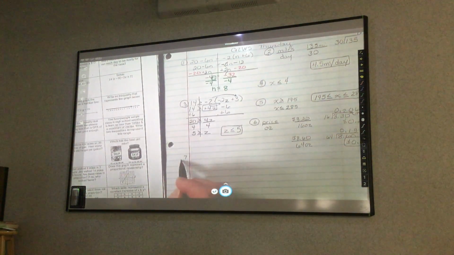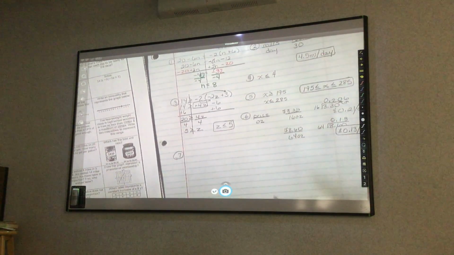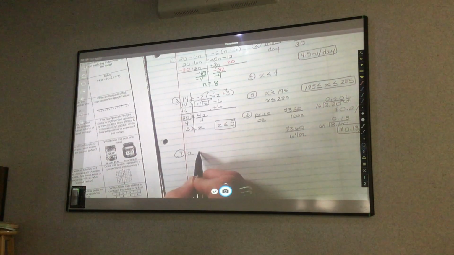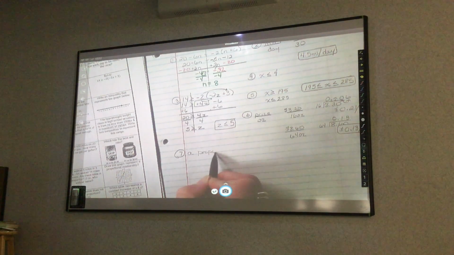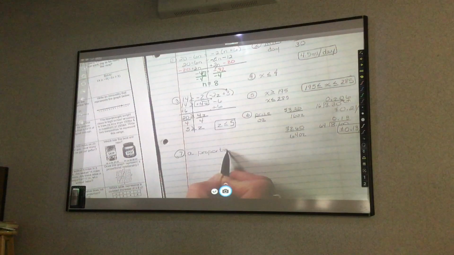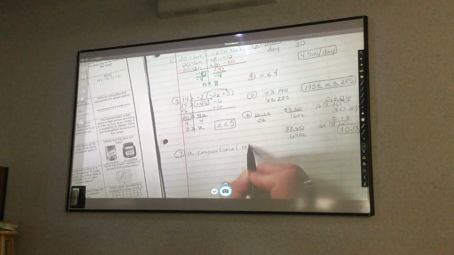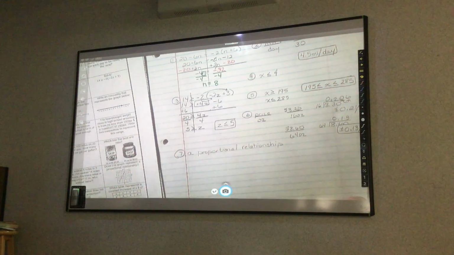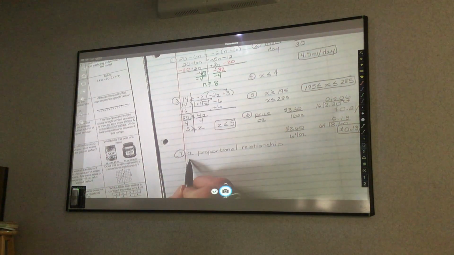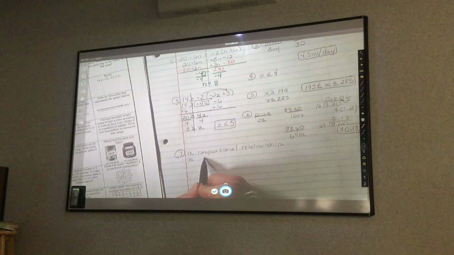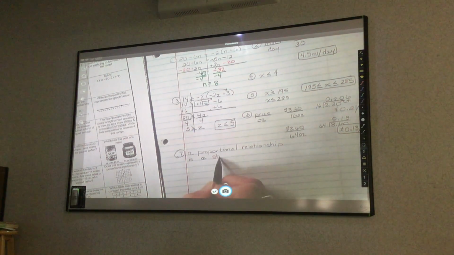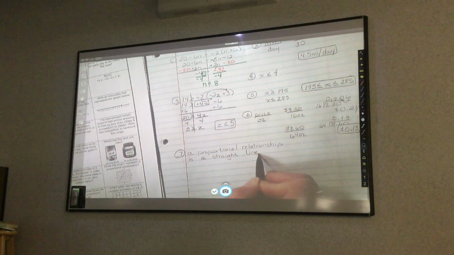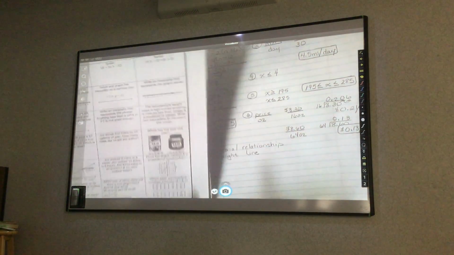Number 7, you guys all need to write something down on your paper. You're going to write a proportional relationship is a straight line. Okay, so far, is this a straight line?